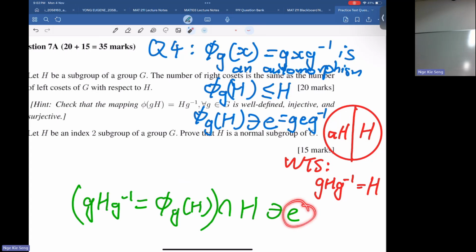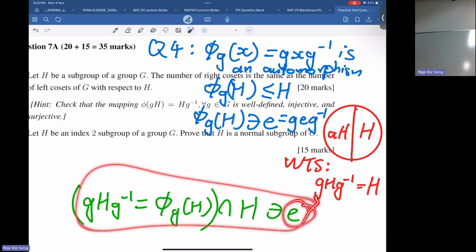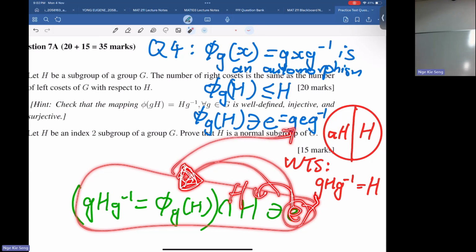So I need to verify. How to verify this sentence? You need to show that the identity is inside the image. H is a subgroup, so it has an identity. But why does the image also have the identity? You can create it using g e g inverse. Okay, is it okay?